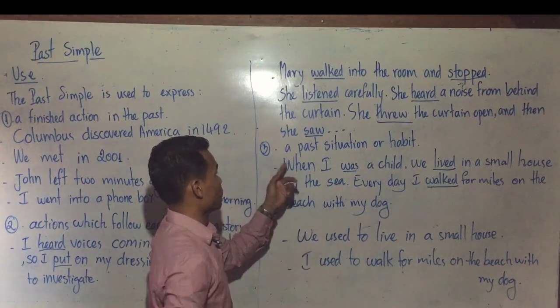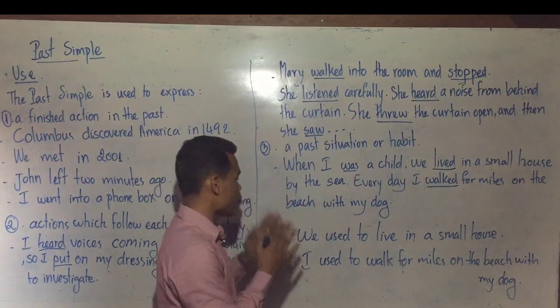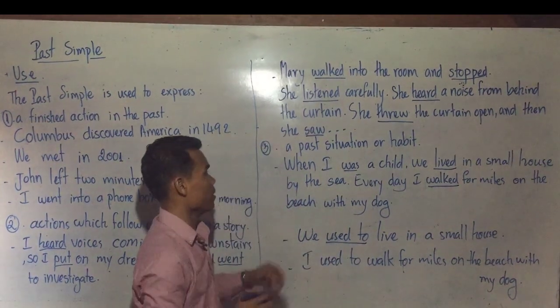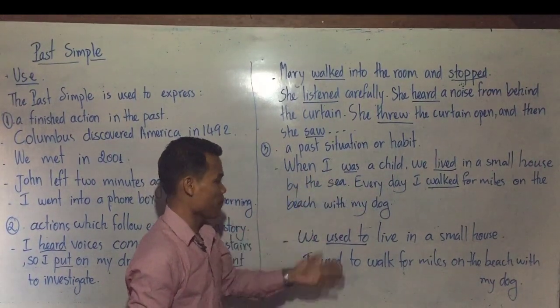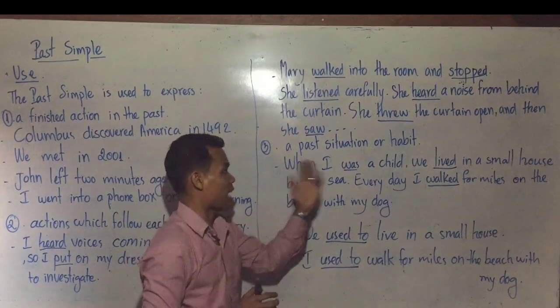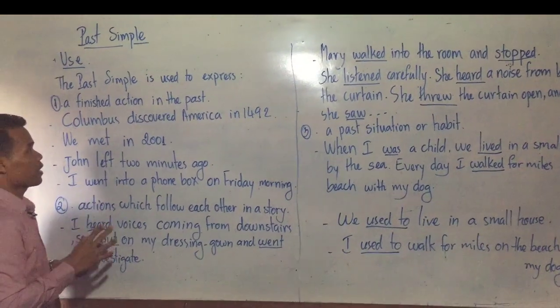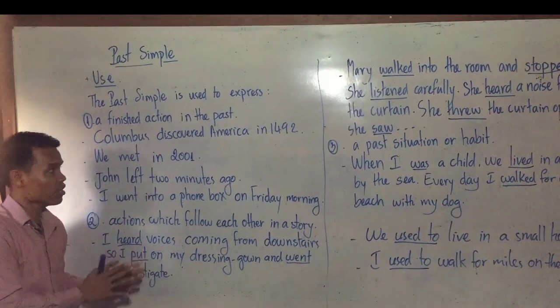In order to express a past situation or past habit, we can use used to, used to for past habit or past situation too. No need to use past simple, but we can use used to in this past situation or habit. Past simple is used to express a finished action in the past, the action already finished.